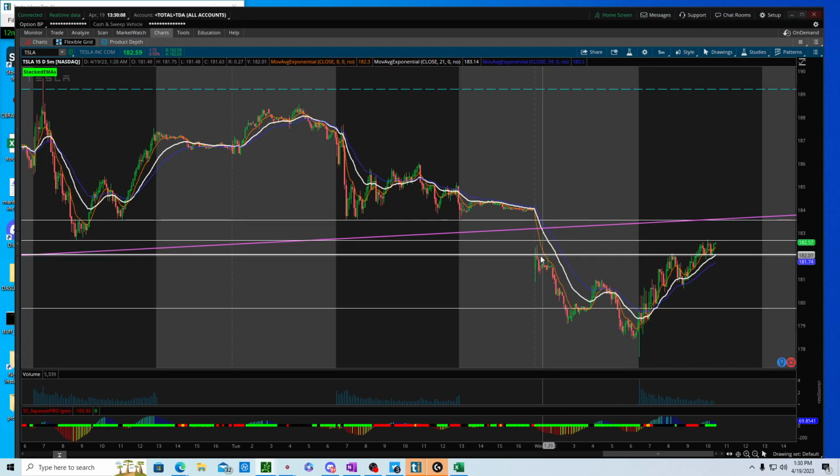If this opened around this level, it has this consolidation area, resistance, next pivot, and the EMAs are like this. Could get the pop up to there and then trade it back down to 176 or close. Now, that just opened too far away. That's why you got the wick down. Didn't even get to the 176, but it was just too close to it. No good.